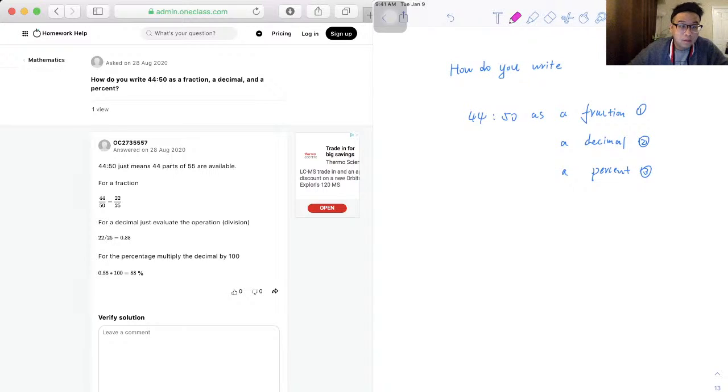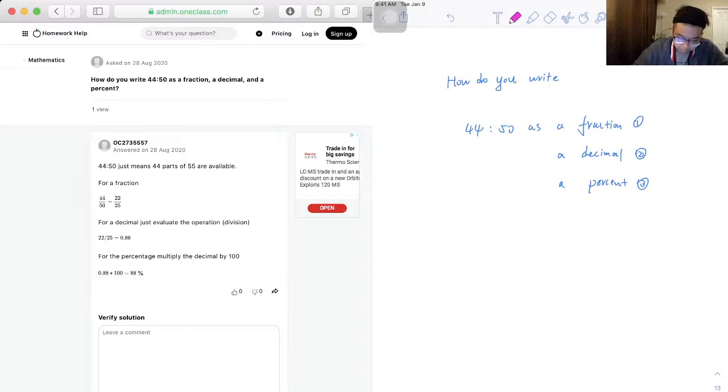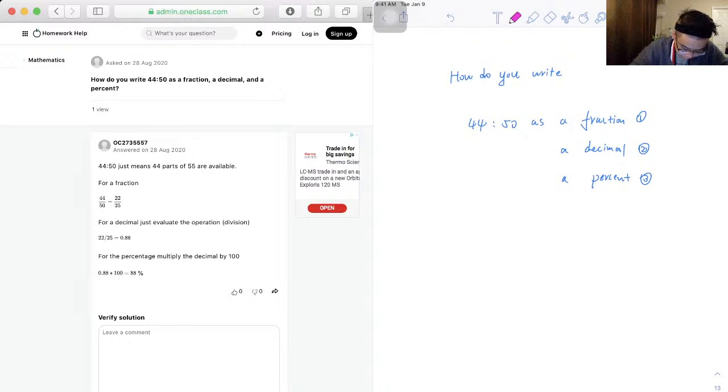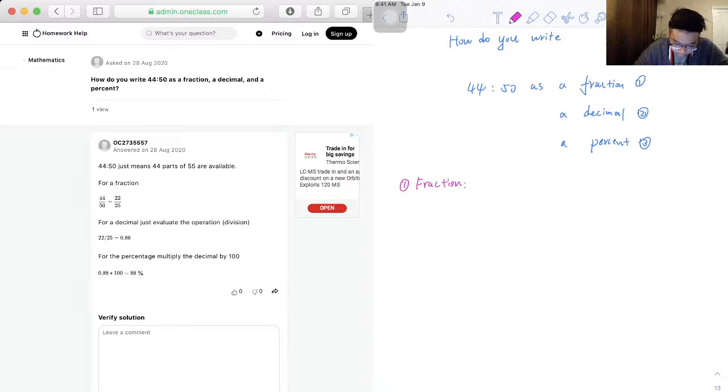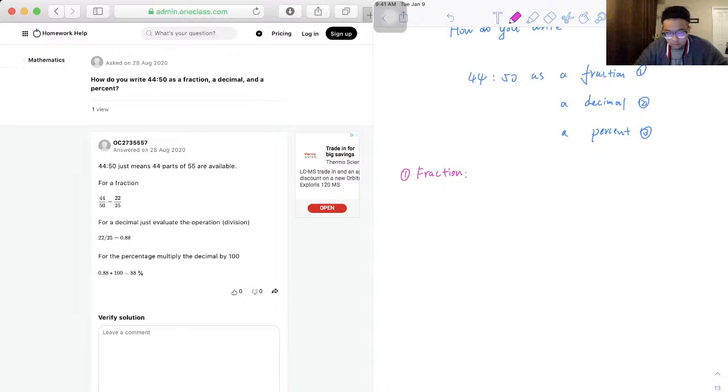So let's do the fraction part first. Because 44 over 50 just means 44 parts out of 50 are available. So imagine we cut a whole cake into 50 pieces, and we want to take 44 pieces out of it.